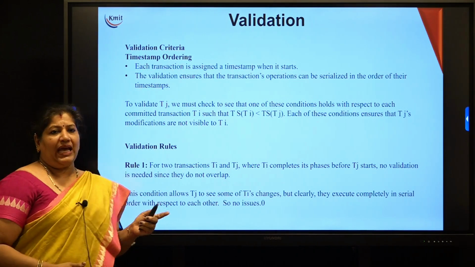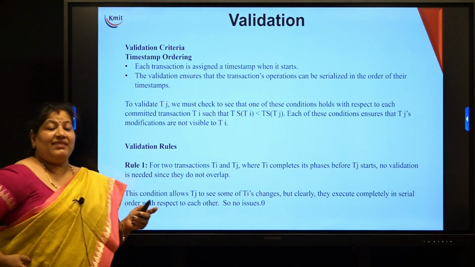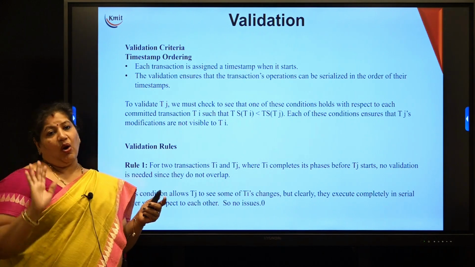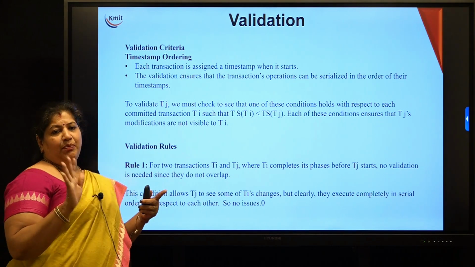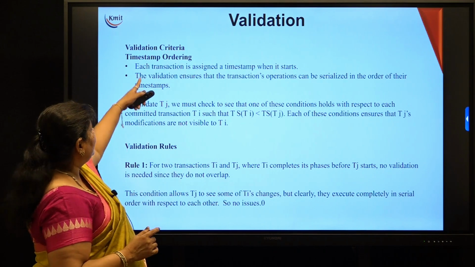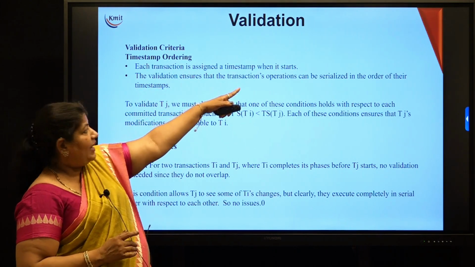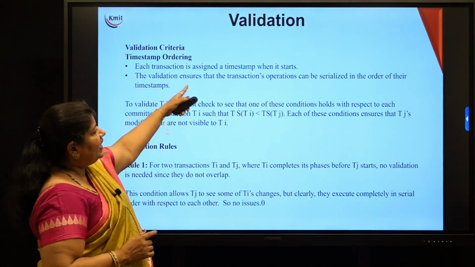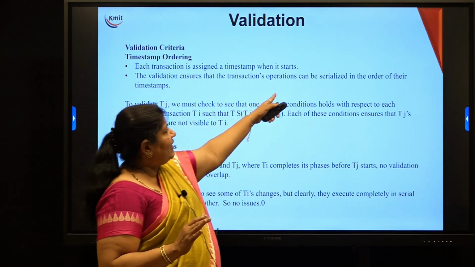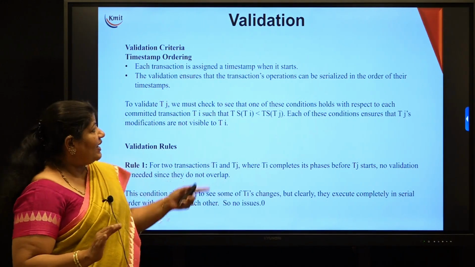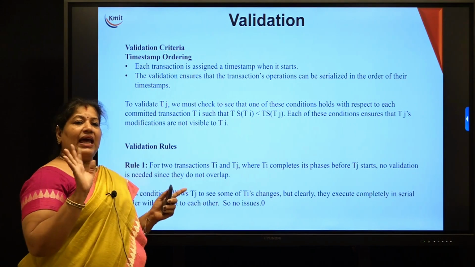The criteria is based on timestamp ordering. What it checks is that it should be in serial order. You have seen in your timestamp based protocols that each transaction is assigned a timestamp when it starts. The validation ensures that the transactions' operations can be serialized in the order of their timestamps.